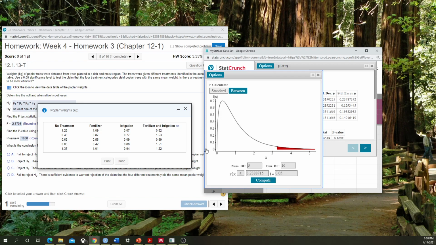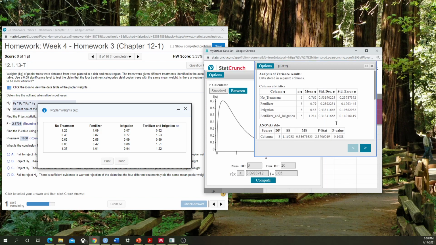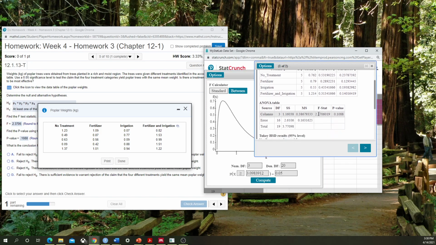So I would need to increase the overall number that I have here. If I were to add one more person to each group, I'd have to continue to change this, and my critical F value continues to go down. If I were trying to get an F statistic similar to what I had here, I'd have to do a power analysis or something like that, which is not outside the scope of this.